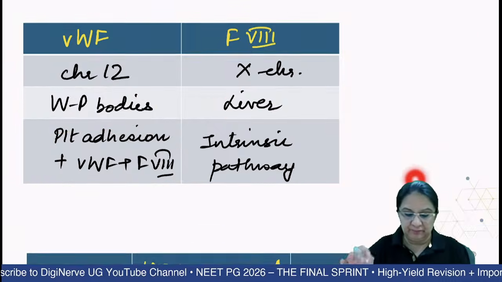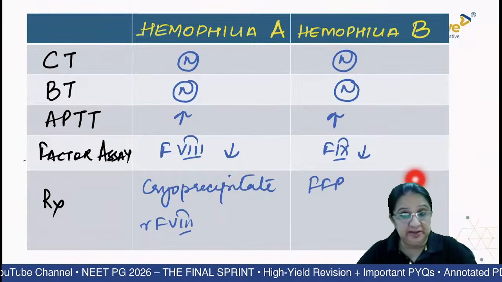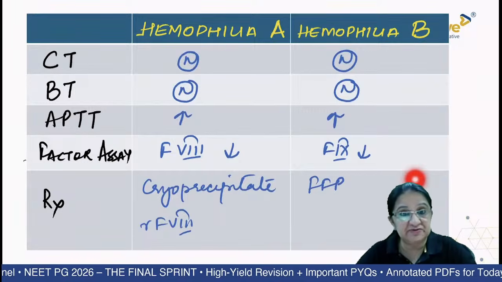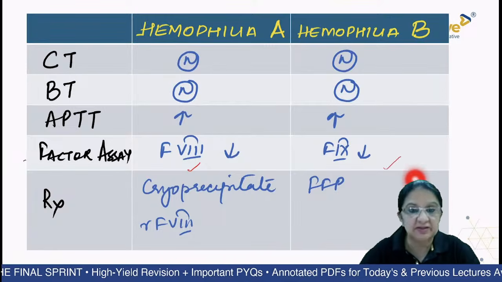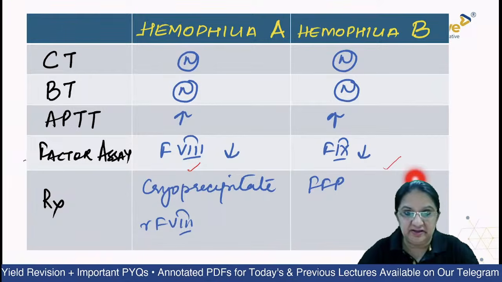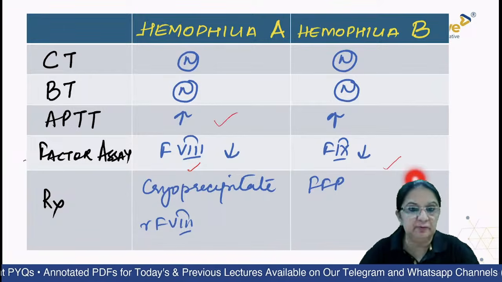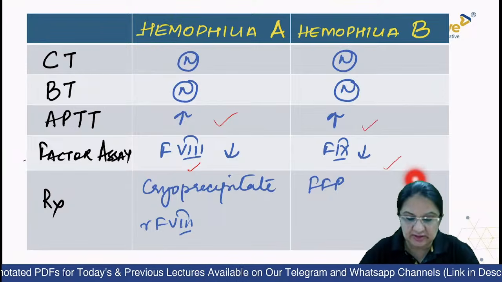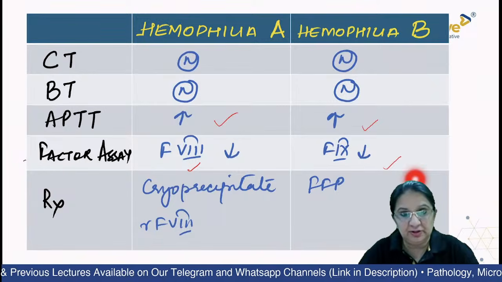Okay. Now, coming to hemophilia A and B. Hemophilia A is deficiency of factor 8. This is deficiency of factor 9. Right? Factor 8, factor 9. Factor 8 is there in your intrinsic pathway. APTT would be prolonged. Factor 9 also in intrinsic pathway. Your PT would be normal, APTT would be prolonged.